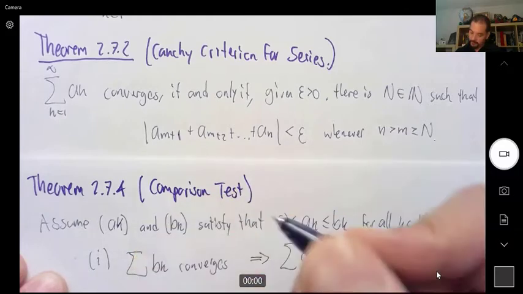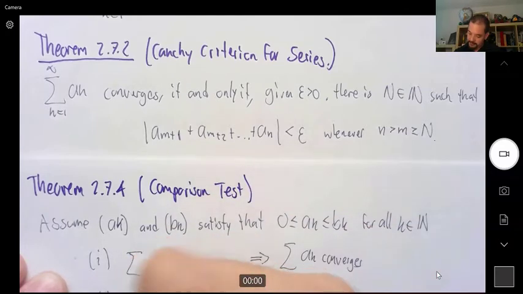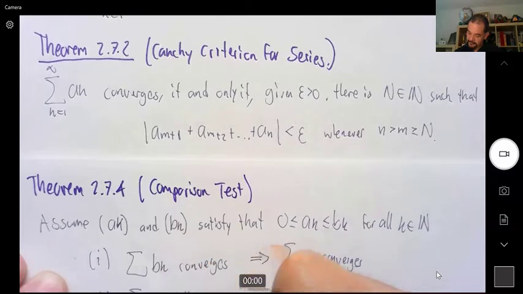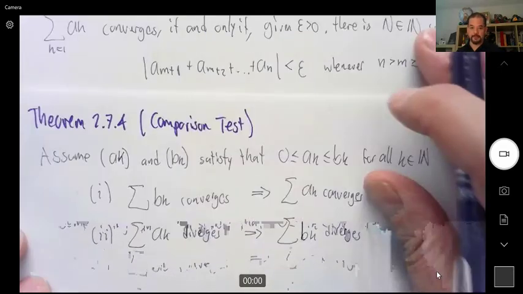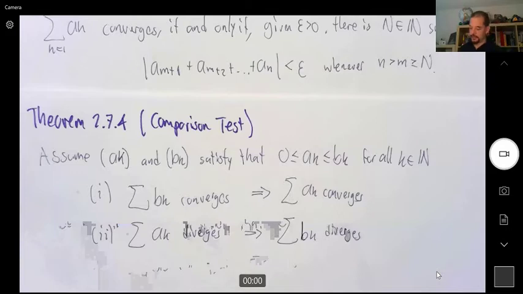And the contrapositive of this one is that if the smaller one diverges, then the larger one diverges too, right? That's our old friend, the comparison test.